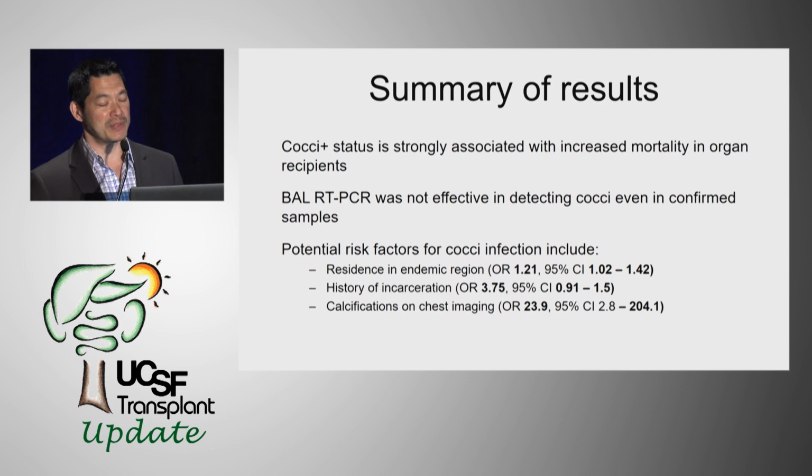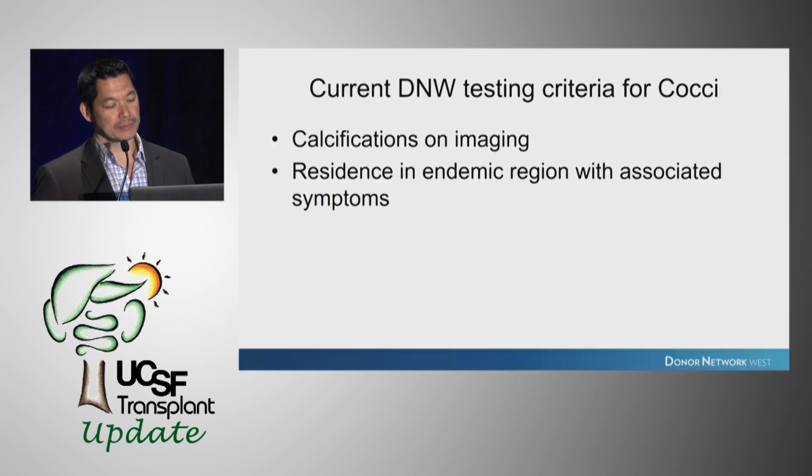If you had a history of incarceration, the odds ratio was 3.5 for Cocci infection. And then there were calcifications on chest imaging. A lot of times when we have donors, we get a lot of information, and a common scenario is that the donor has calcified nodules, and what do you do in terms of recipient safety? That was actually a huge independent risk factor for having Cocci infection.